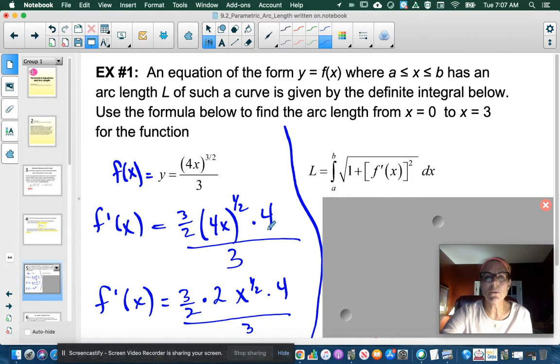Over here, ahead of time, here's f of x, and I found the derivative. Remember, for the derivative I bring the exponent in front and decrease the exponent by 1. Then I have to multiply by the derivative of the inside. That's what the 4 is. That's the chain rule, and a lot of students forget that piece.